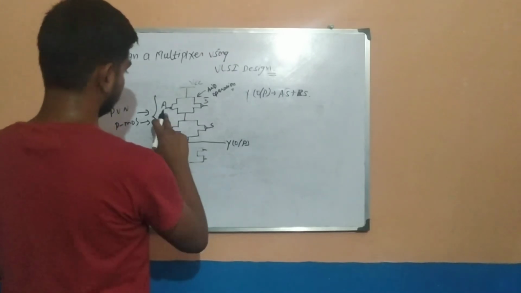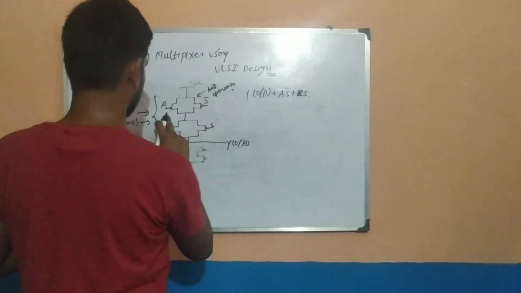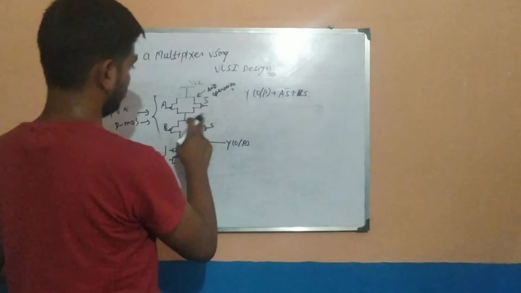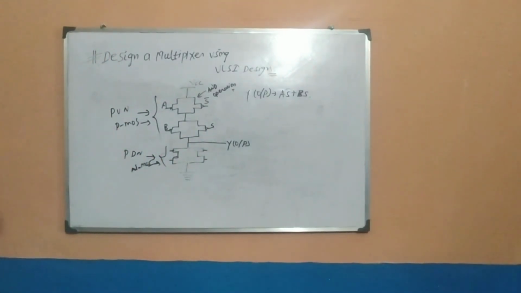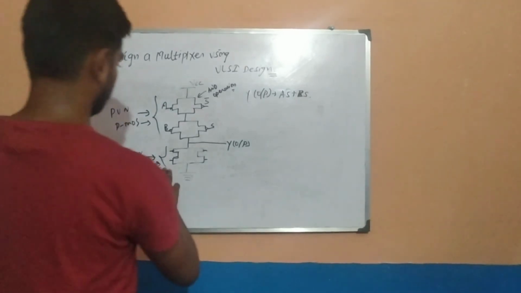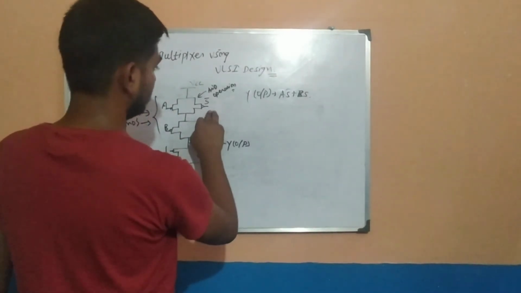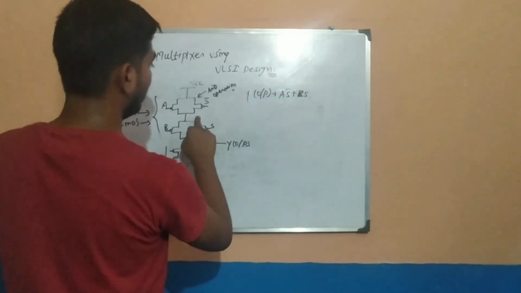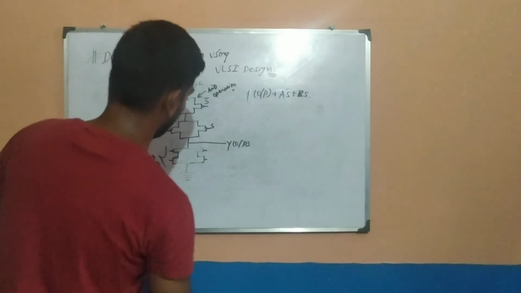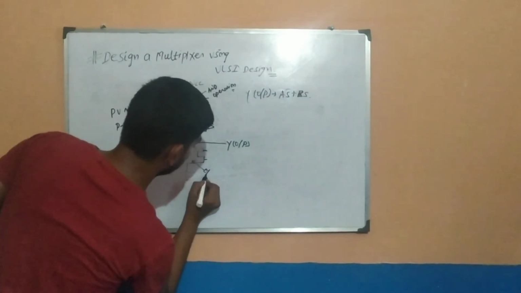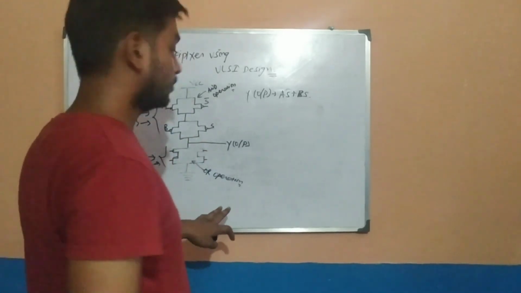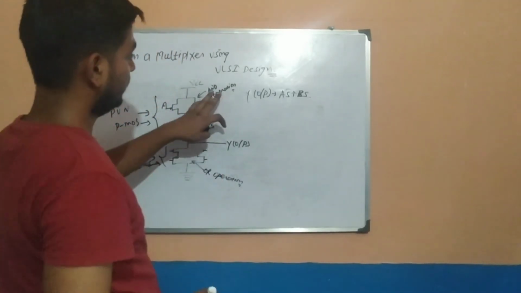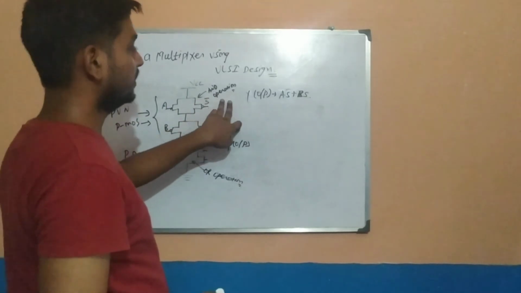This is A S dash and B S. This contains AND operations and also an OR operation. AND means multiply.